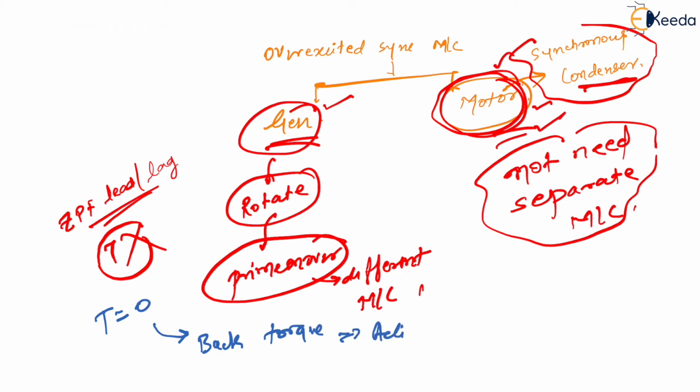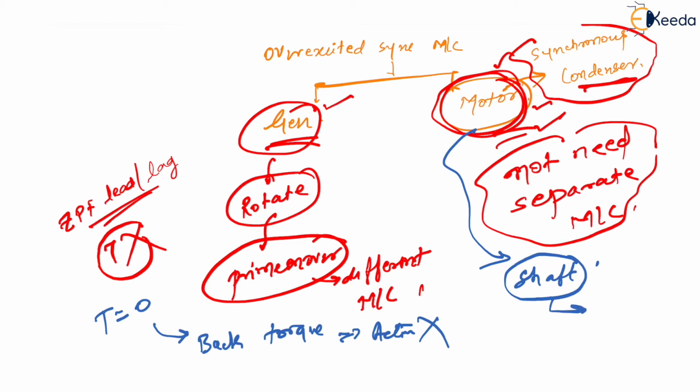Which means active power will not be supplied. So if you think of the shaft of the motor, the shaft of this motor is used to load our mechanical loads, for example, a brake drum and so on, correct?